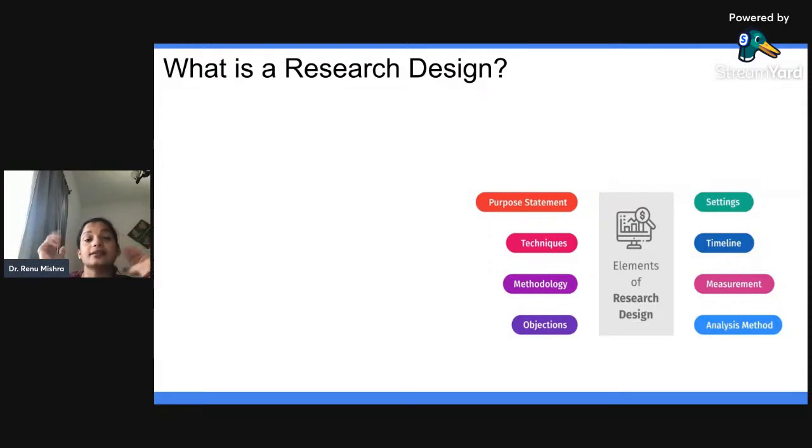So basically, research design in simple language is how you design your research. No two researches are the same. Let me tell you this: some or the other differences would be there. Probably, if there are three variables, two are the same, one is different. Or if the variables are the same, the setting is different.